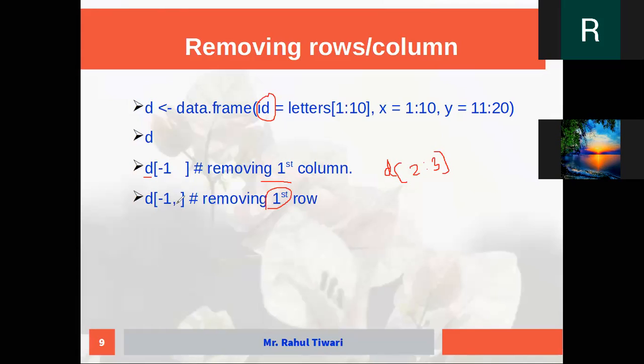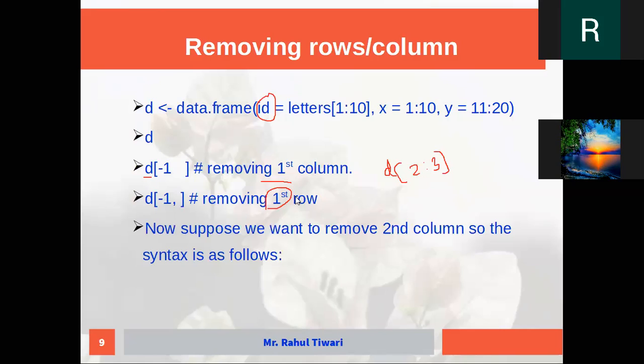Unless you give the comma, it won't be assumed as a column. So make sure that whenever I'm interested in a row, there should be row comma something, so that there is no confusion. We have discussed this many times, so I'm just proceeding.